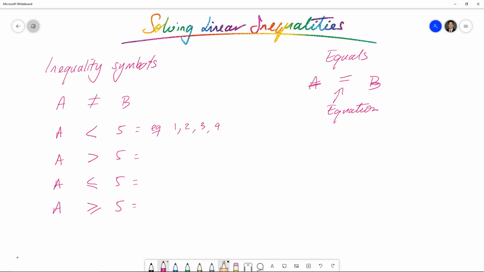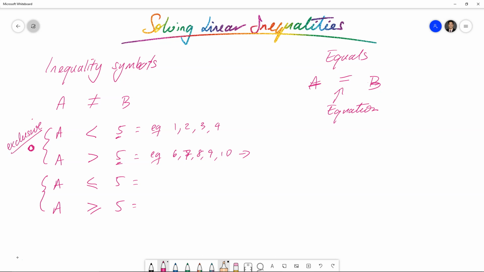Numbers that are greater than 5 could be 6, 7, 8, 9, and 10, and so forth. These are what we call exclusive symbols, because they're excluding the 5, and with a number line we use an open circle.